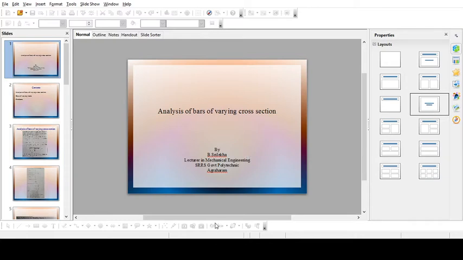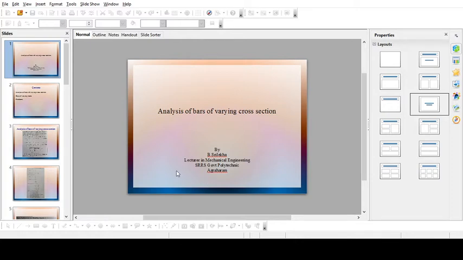Next, for section 1 the stress is P by A1, because D1 is the diameter. Let us consider its corresponding area A1, that is pi by 4 D1 square.